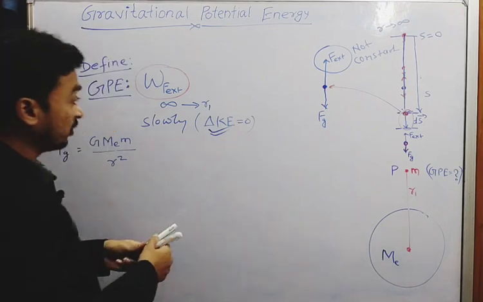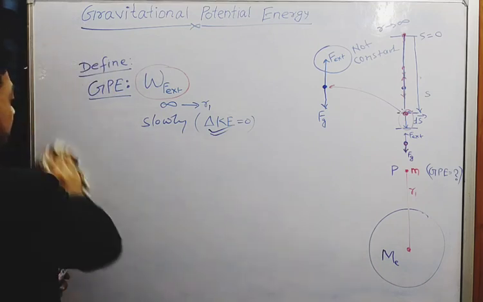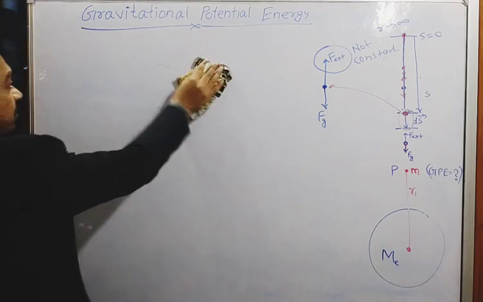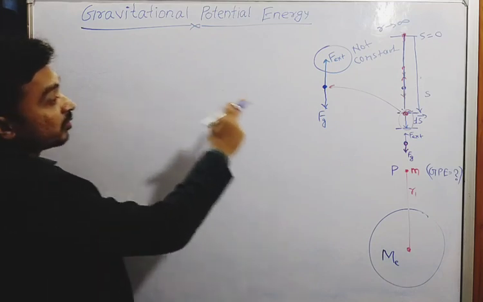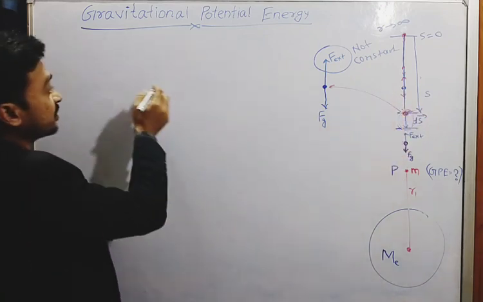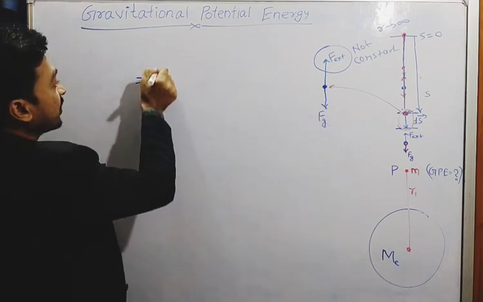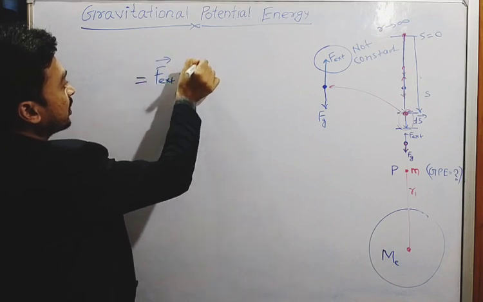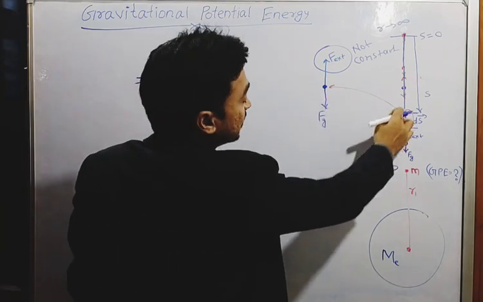So small work done by external force in moving this small displacement will be equal to F external dot ds.